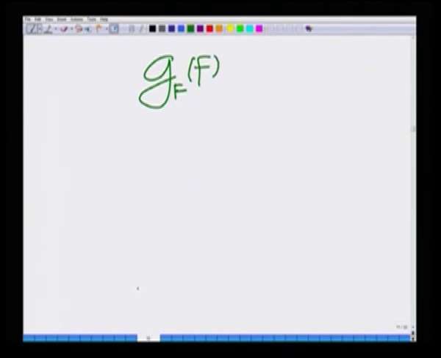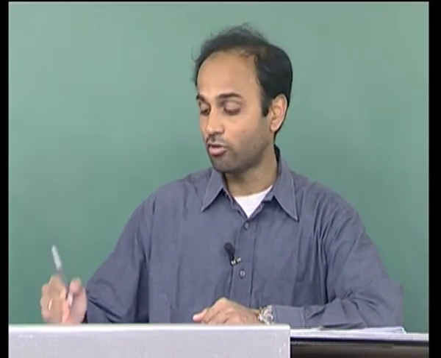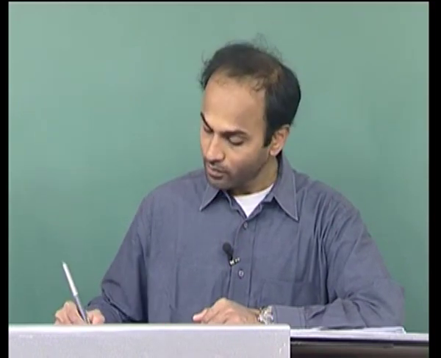This is the uniform distribution between 0 to 1. This is f, the random variable, the delay as a fraction of the chip time, which is uniformly distributed between 0 to 1.